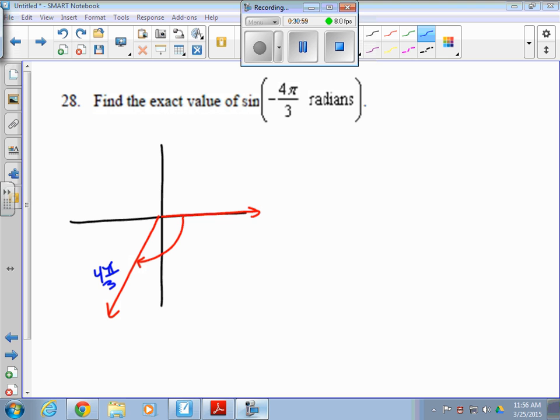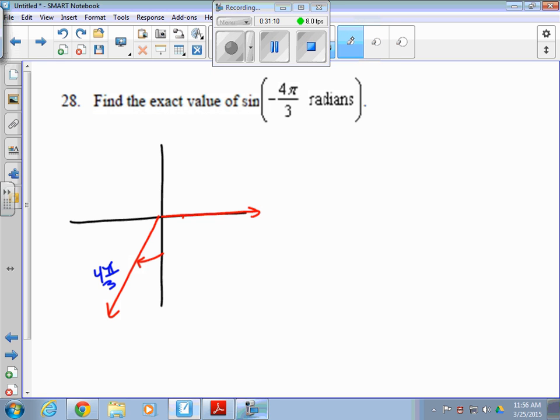This one is 4 pi over 3, but it's 4 pi over 3 when it opens up the other direction. Remember, all of your units are when it actually opens up this way. We're not talking about it opening up that way. This is very important that it opens up negatively. So what you're going to do is find the same position going negatively.